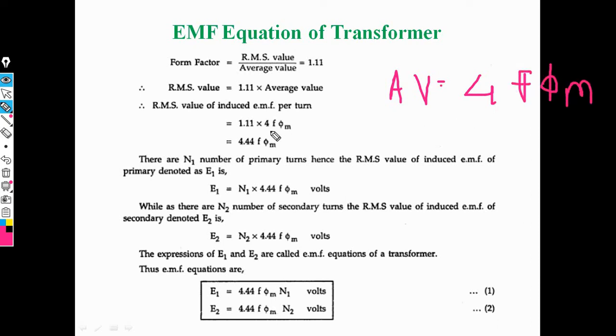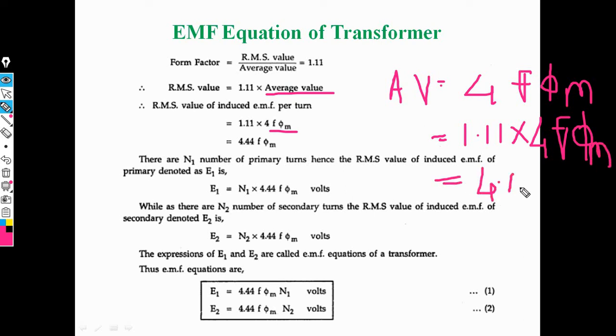Then 1.11 is multiplied by 4 into f phi m, that is 4.44 f phi m, which we have obtained as the RMS value.